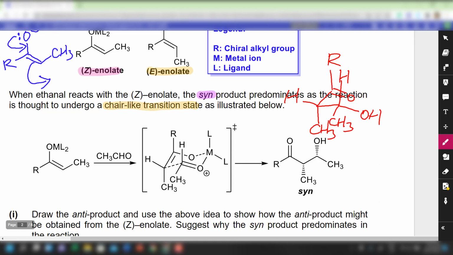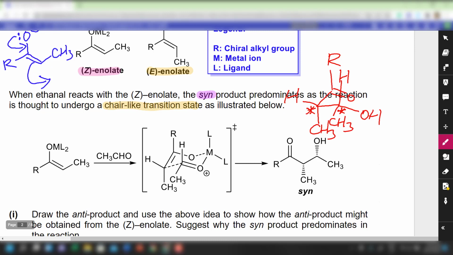Do you notice that by drawing it in this particular fashion, I have sort of predefined the stereochemistry about the alpha carbon as well as the beta carbon? What do I mean by that?